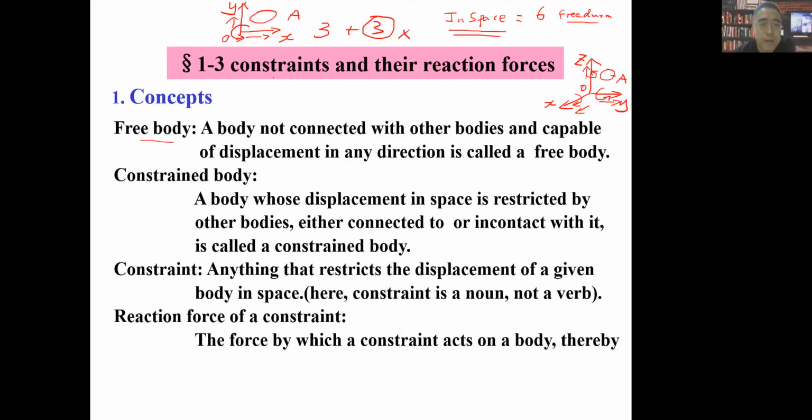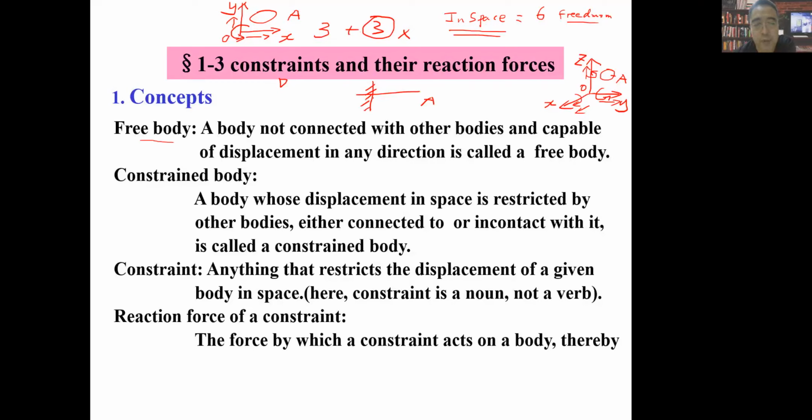So when we talk about constraint, we will use some types of constraint. A constraint removes some kind of freedom, right? Maybe I can just tell you, we have a fixed support. If this is body A with this kind of constraint here, then all 3 capable movements of A will vanish, because this is a fixed support.